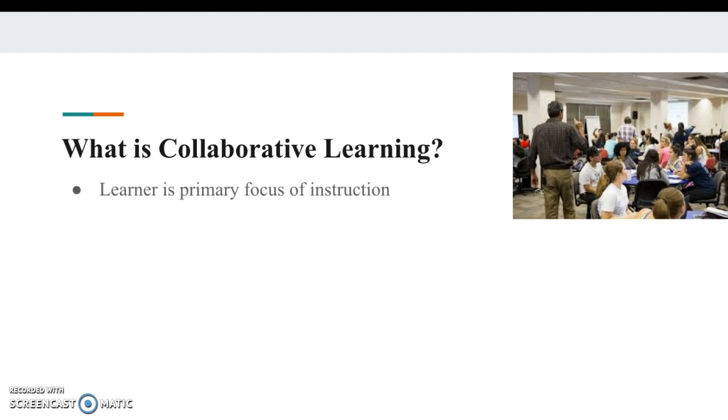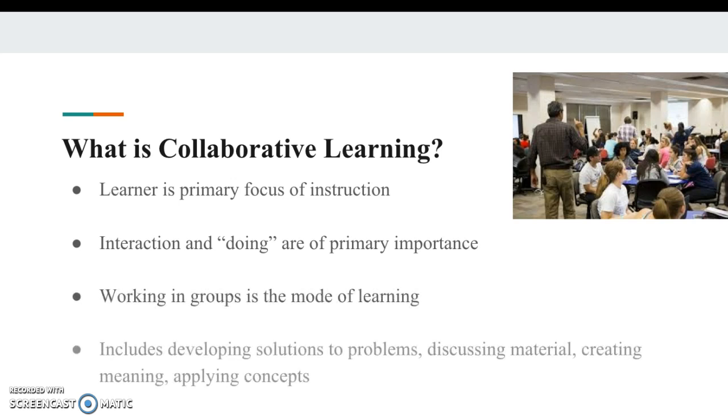You may have talked about cooperative learning, which is a portion of collaborative learning, or a type of collaborative learning, but all collaborative learning in general has these characteristics. Number one, the learner is the primary focus of instruction. The content is important, but it's in how we deliver that content.